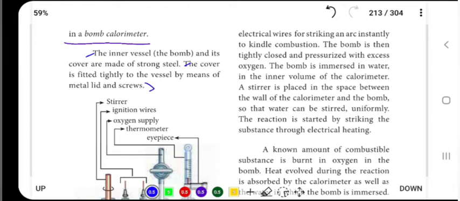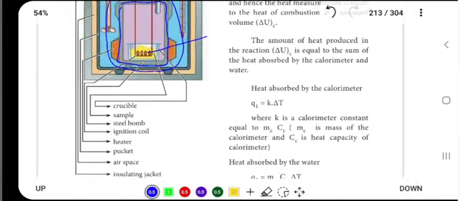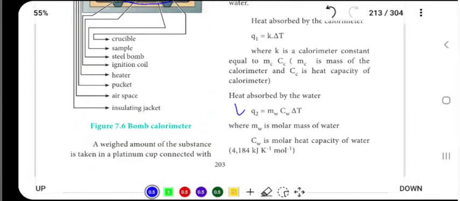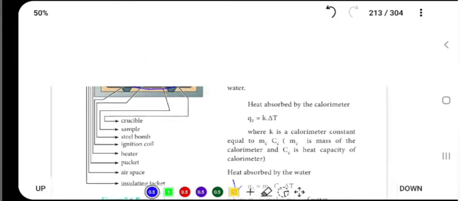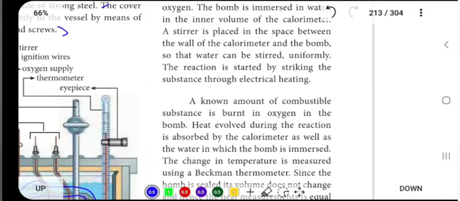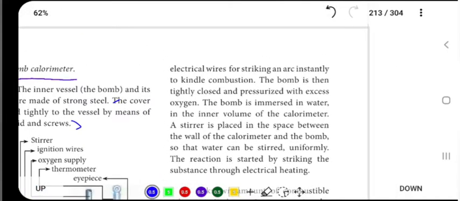Third point, a weighed amount of substance is taken in a platinum cup connected with electrical wires for striking an arc instantly to kindle combustion.